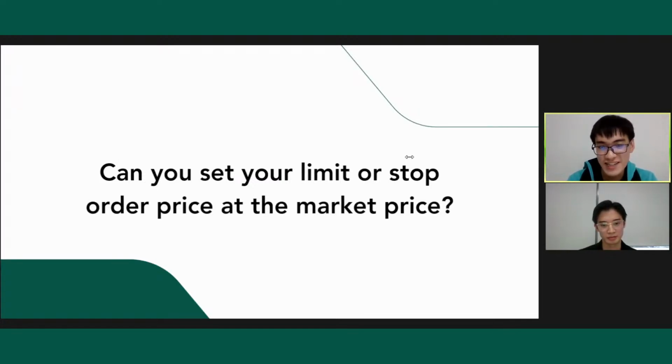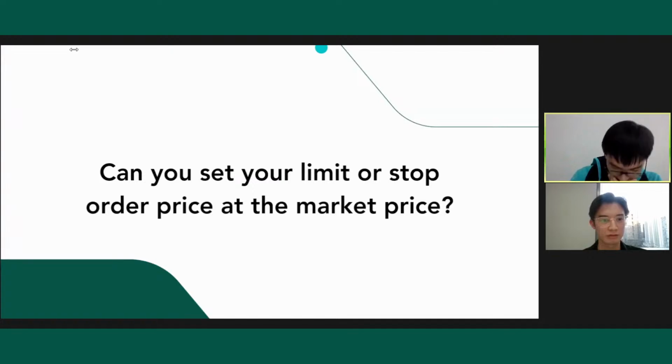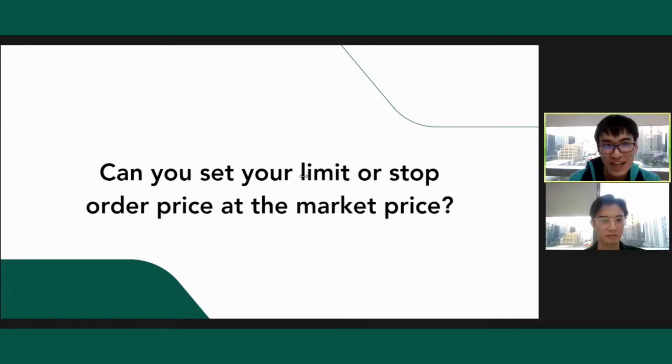So it really depends. If you want to execute immediately, it's better to set your limit order above the market price so that you can get filled immediately. But if you want to wait for the price to go down a bit lower, then you can set your limit order a little bit lower than the market price. So it's really up to your preference.